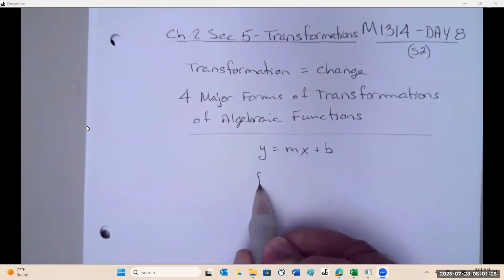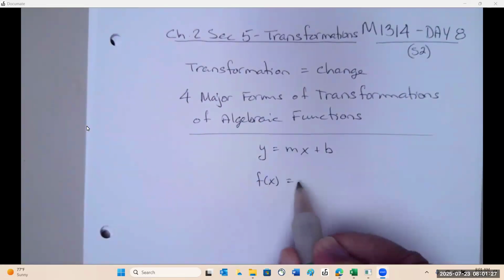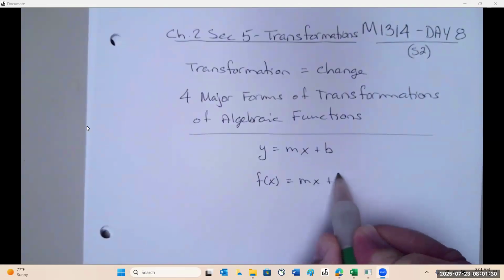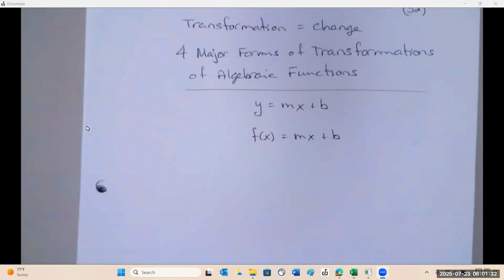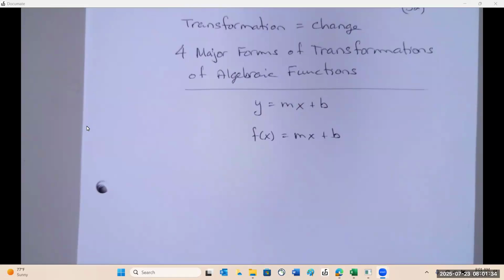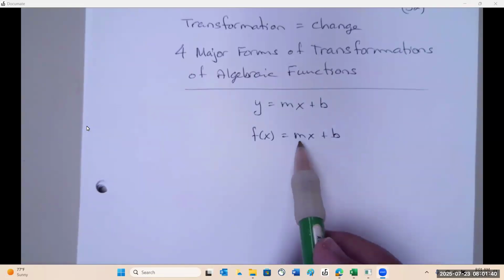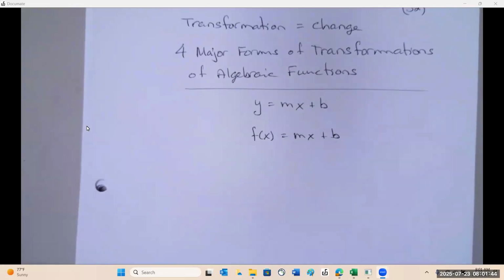Okay, so if we make it a function, this is a function. But again, not much happens there. Because what's the only thing important in this function? M and B, the slope and the y-intercept. Oh, that's pretty boring. It doesn't talk about all the other functions we have in our library of functions.